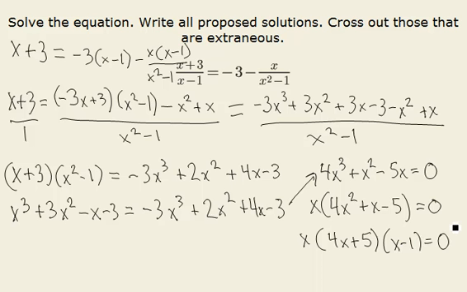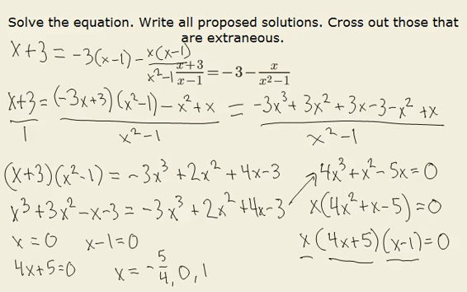Now we will just be setting each of these equal to 0 to get our x values. So as you can see over here on this bottom left side, we get x = 0, 4x + 5 = 0, and x - 1 = 0, which give us our x values of x = -5/4, 0, and 1.